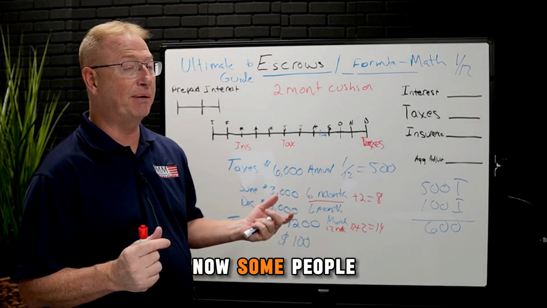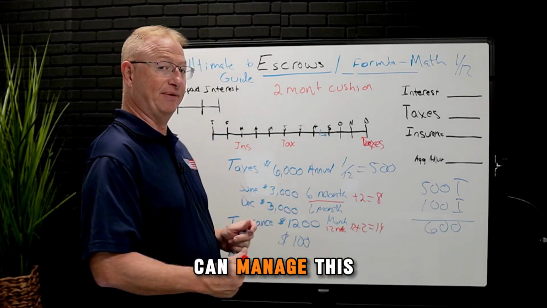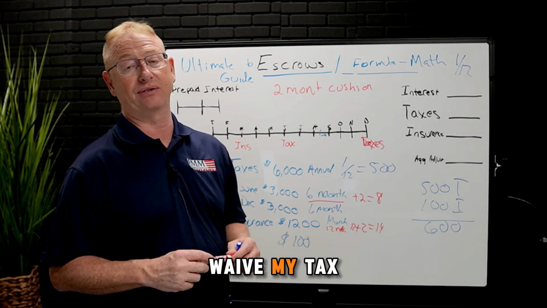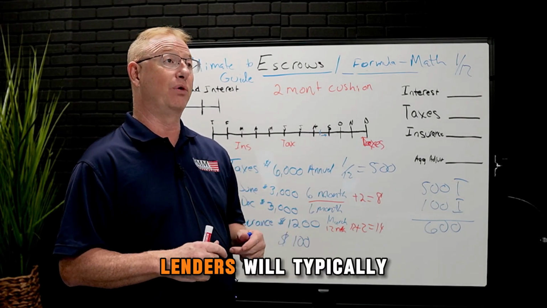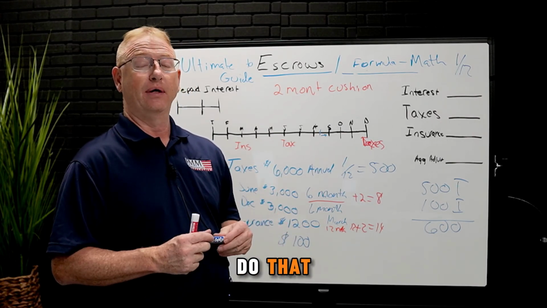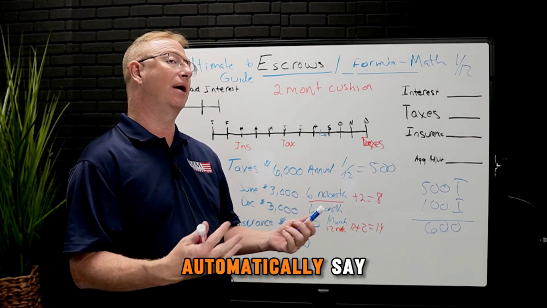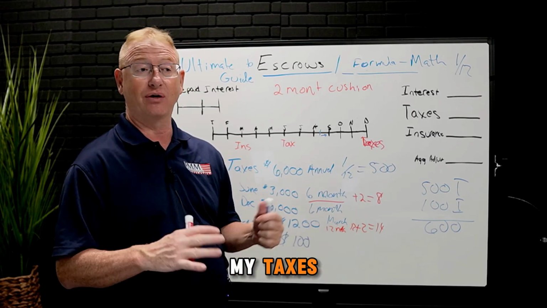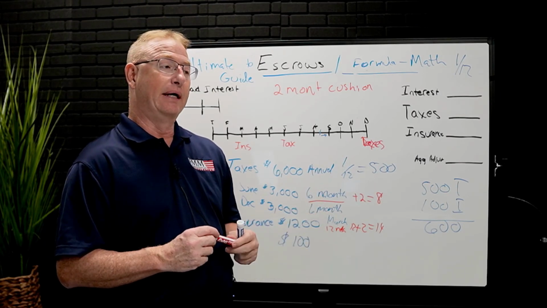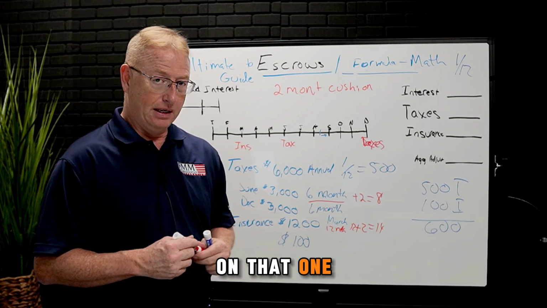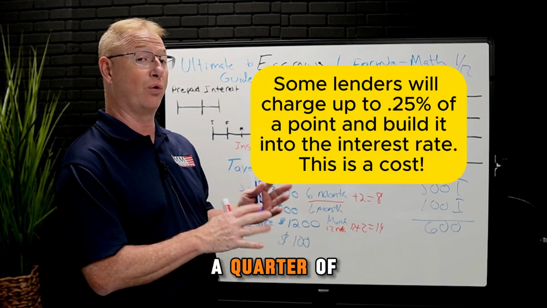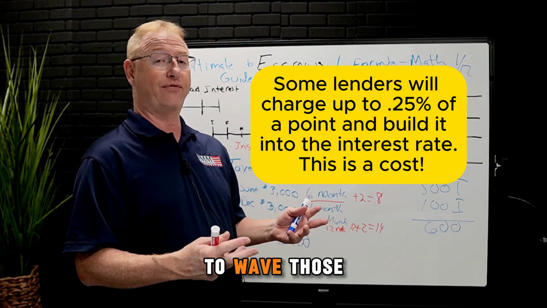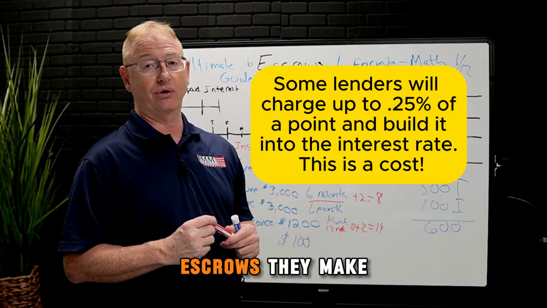Now, some people say, well, I can manage this myself. I want to waive the escrow. Lenders will typically allow you to do that, but just don't automatically say you want to waive your taxes and not have them collected. Here's my thought on that. A lot of people don't know that some lenders will charge up to 1/4 point to waive those escrows.